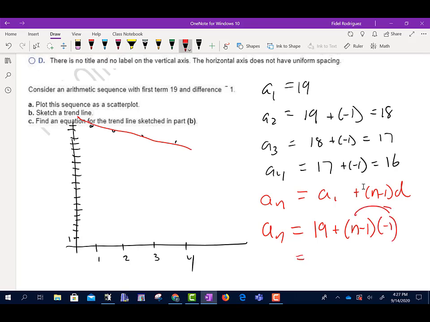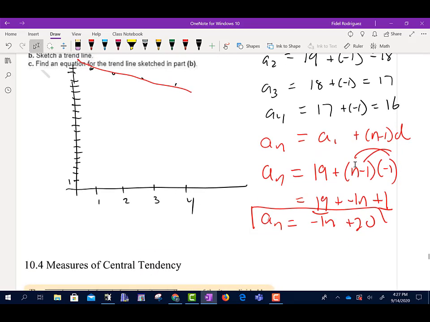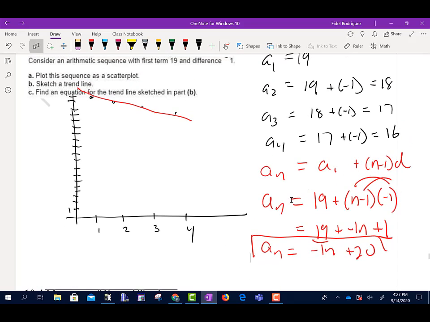Okay. So I'm going to multiply this here. I'll leave that 19 alone. Negative 1n. Negative 1 times another negative 1 is a positive 1. Okay. And that's going to be a negative 1n. 19 plus 1 more would give me 20. Okay. And that right there, guys, is 10.3.